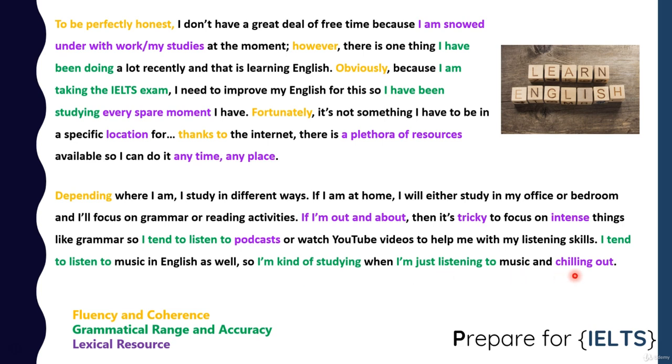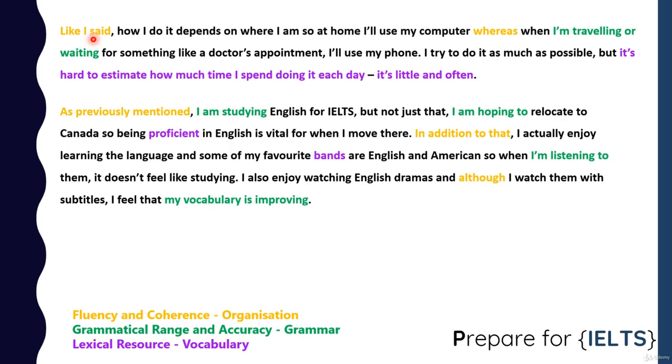"Chilling out", very good idiomatic English, to chill out, to relax. Often in IELTS speaking, you find yourself not repeating yourself, but saying something very similar to what you've already said. So you can say "like I said" or "as previously mentioned". This is more formal, and this one can be used in IELTS writing. "Like I said" is more informal for speaking.